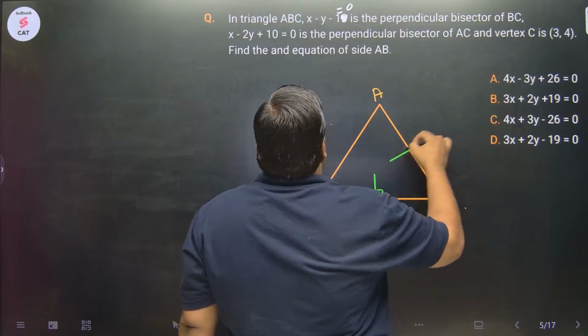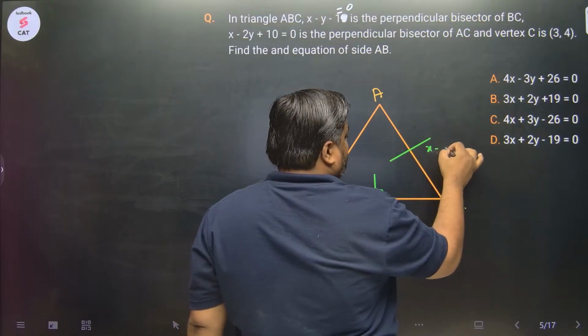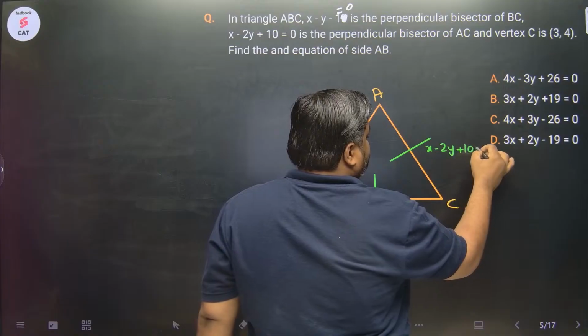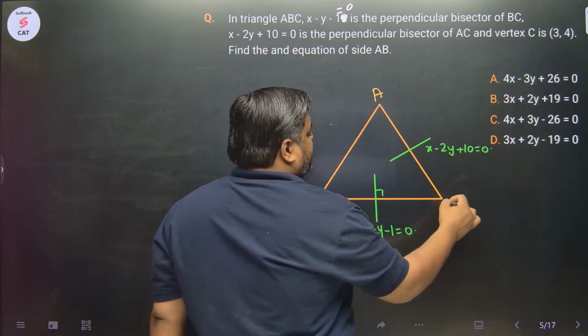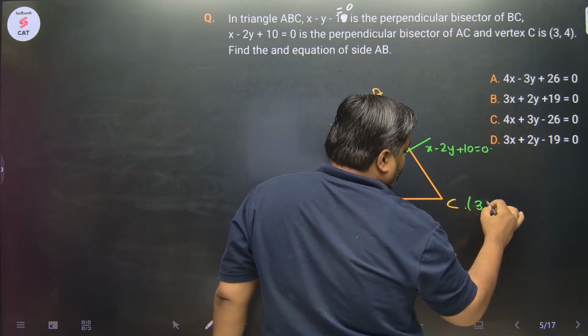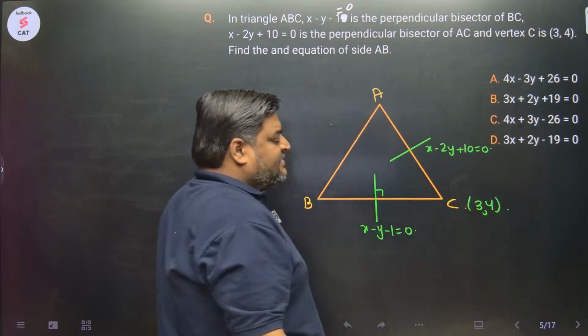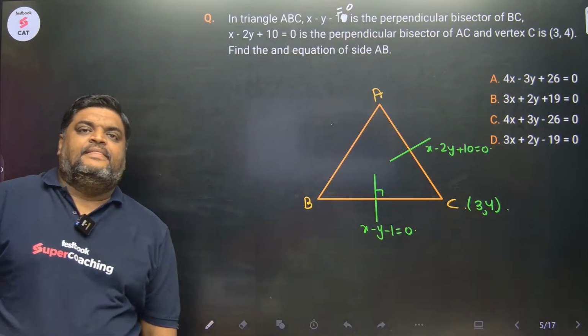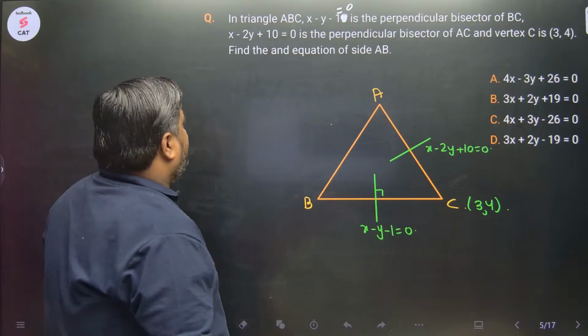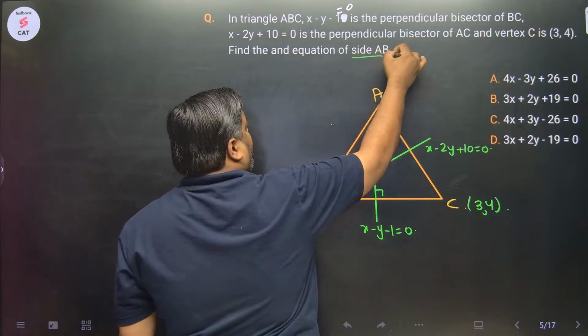AC का perpendicular bisector. So this line is x minus 2y plus 10 equals 0. Vertex C is 3, 4. Okay. You have to find the equation of the line AB.